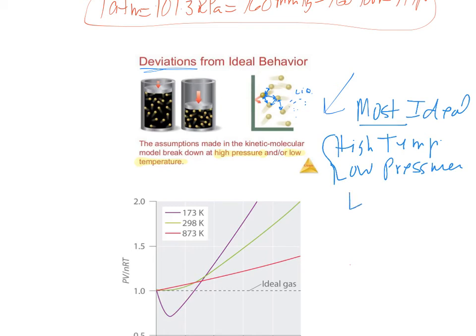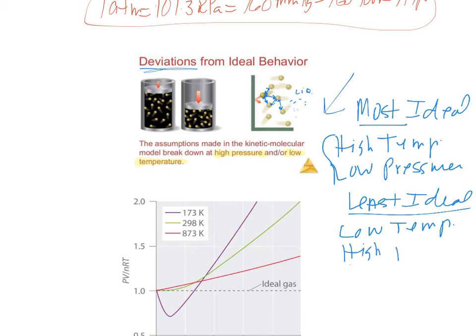And least ideal is the reverse, which is low temperatures and high pressures. And that's going to bring the molecules together. And once they come together, what takes over are these attractions.